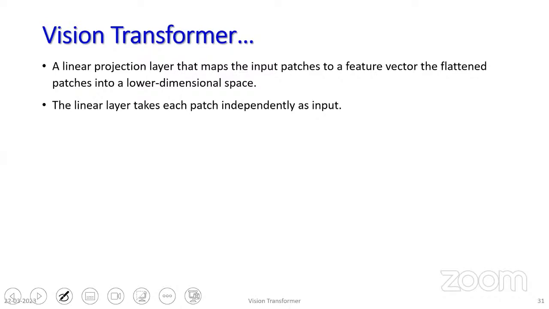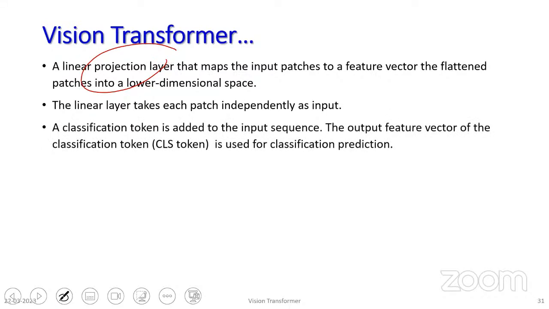So generally the linear projection layer can be any learnable matrix transformation that can lower the dimension of the feature vector. The linear layer takes each patch independently as input, and it downsizes the input.